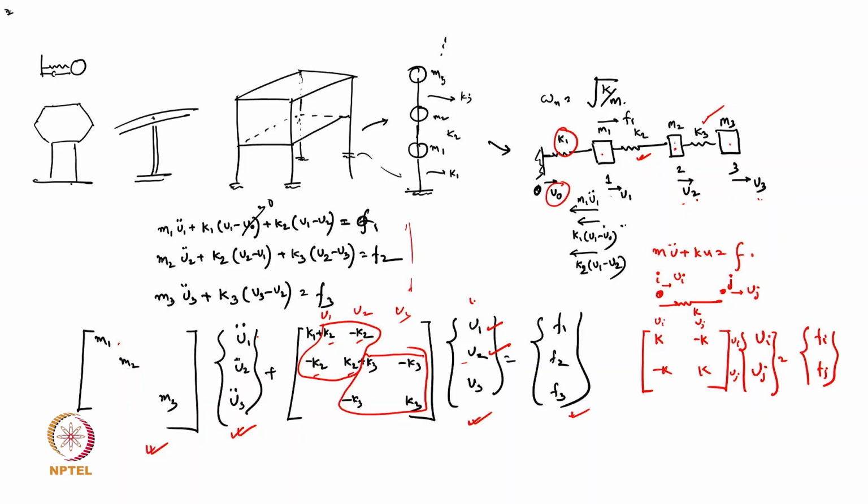So it is somewhat like U0, U1, and you will have K1, minus K1, minus K1, and K1. Then that matrix is not 3 by 3, rather it becomes 4 by 4, and you will have one additional row. Let me rewrite it.